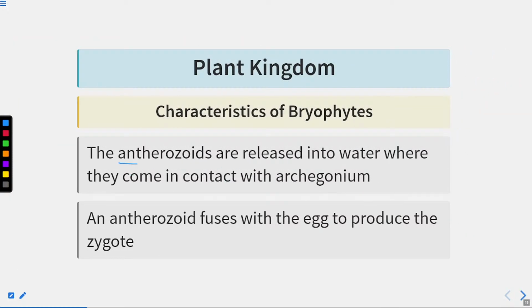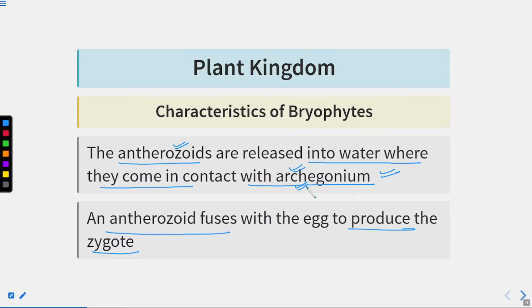The antherozoids are released into water where they come in contact with the archegonium. So when these antherozoids are released in water, they swim and reach the archegonium. An antherozoid fuses with the egg to produce the zygote.